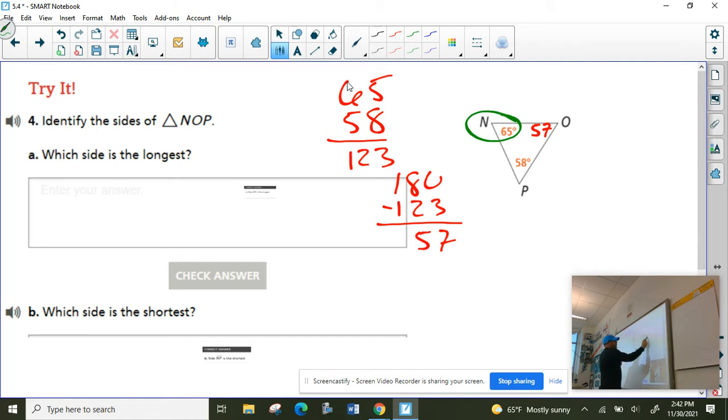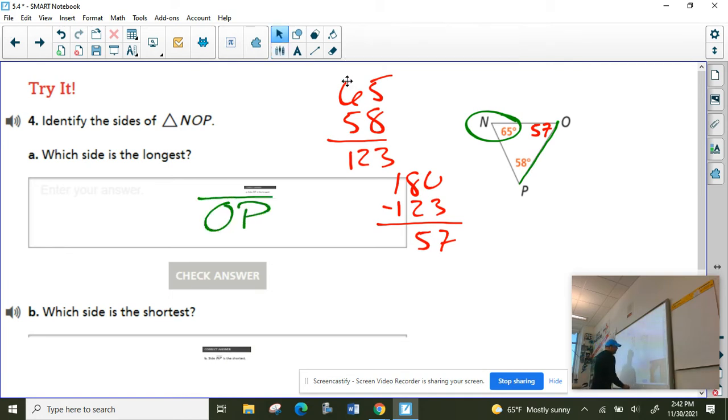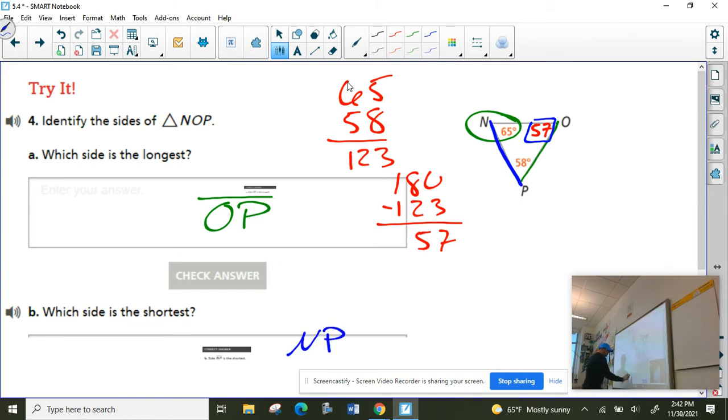So N, I go to the two letters that it's not touching, O and P. So I have OP. That would be my longest. Then it asks for the shortest. Well, 57 is smaller than 58. And that's O, so it's across from NP. So we get side NP as the shortest.